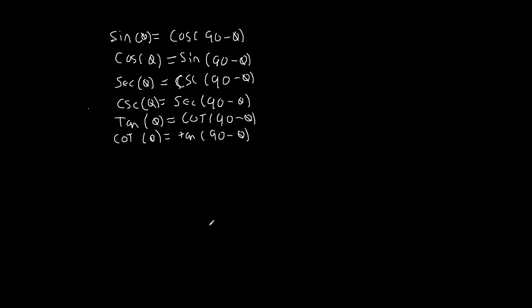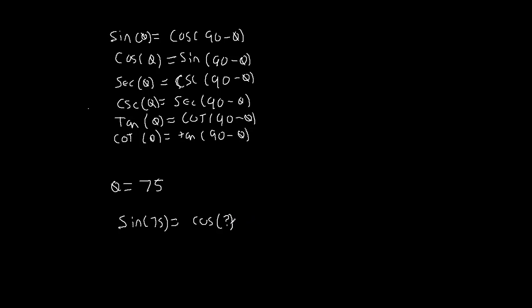So let's go through an example. Let's say we have theta equal to 75. So we would say the sine of 75 is equal to the cosine of what angle?